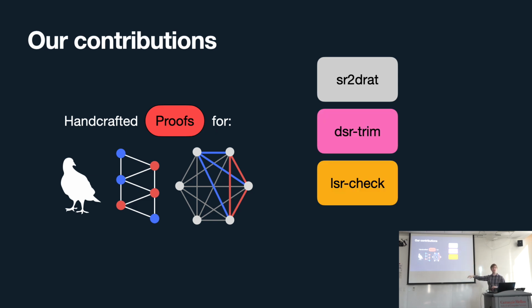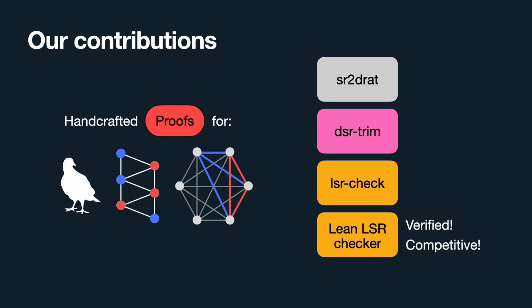We have DSR trim, which is this unverified, non-trivial proof search piece of software that will do the unit propagation and labeling on DSR proofs. And then LSR check, which is an unverified LSR checker. Both of these tools are written in C. And finally, we have an LSR checker written in Lean. This checker is verified, and as we will see, it is competitive with other verified proof checkers, other similar proof checkers.